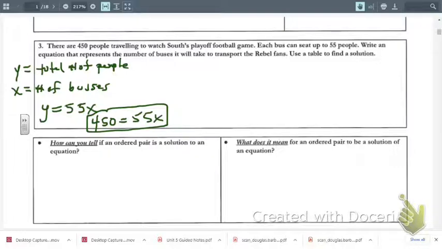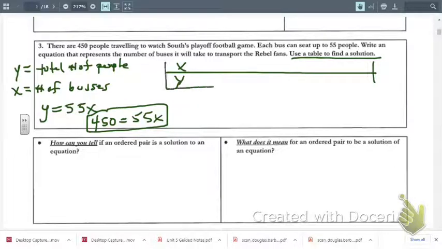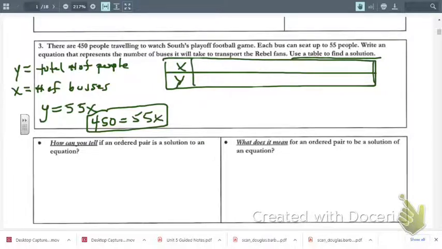Okay, so we can solve that, or we can use a table to find the solution. Alright, so we'll do that. Let's do it both ways. So let's create a table. Alright, and so again, x represents the number of buses, so 0, 1, 2, 3, 4, 5, 6, 7, 8.